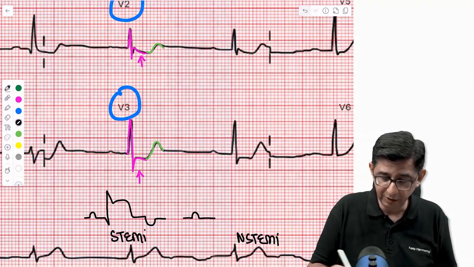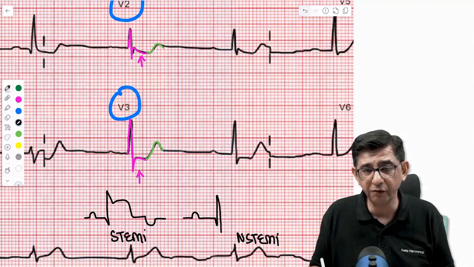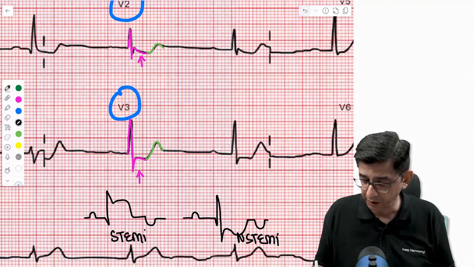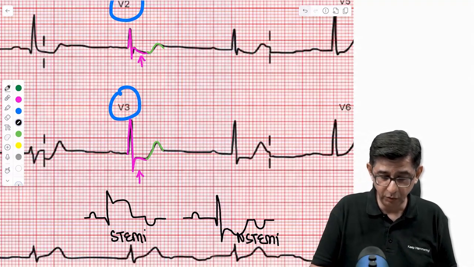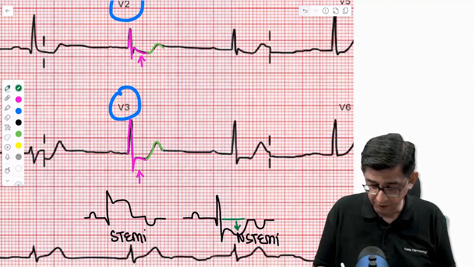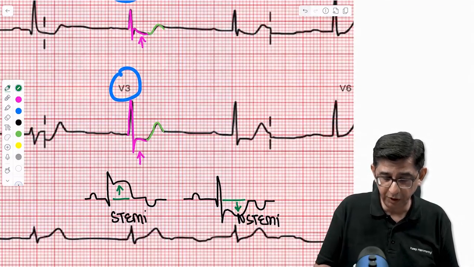I'll just do the activity once again. I want you to follow my marker and check out the convexity of even the ST depression. Yes, so this is the ST depression that is coming up, and then I've shown a T wave inversion. We can measure that this is the ST segment depression. We can measure that this is the ST segment elevation.